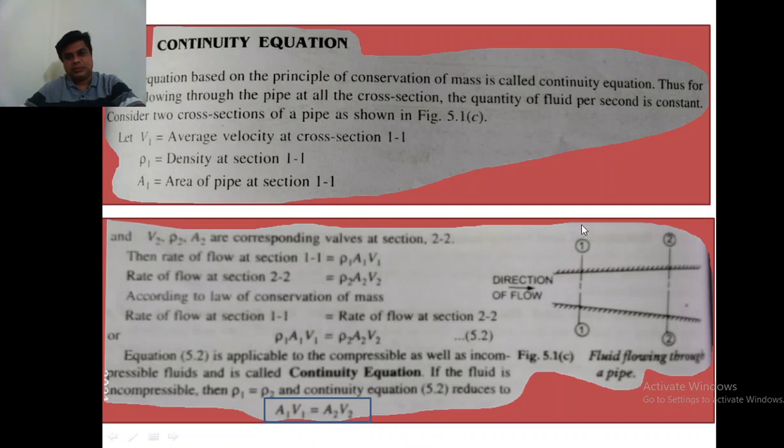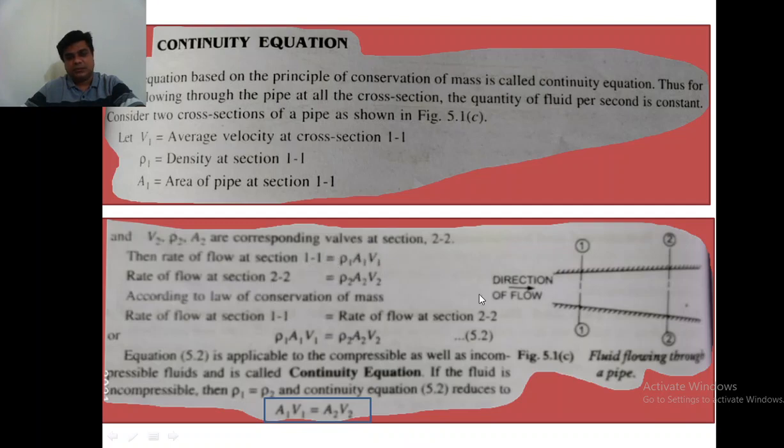Suppose we take this is a pipe or any opening where the fluid is flowing. This is the direction of flow of the fluid, and we take two cross sections. At each cross section we apply the rate of flow or discharge.